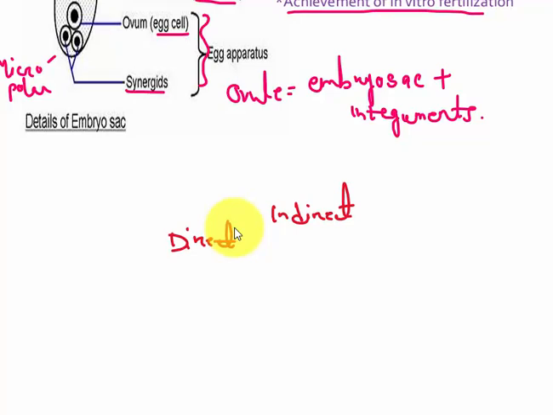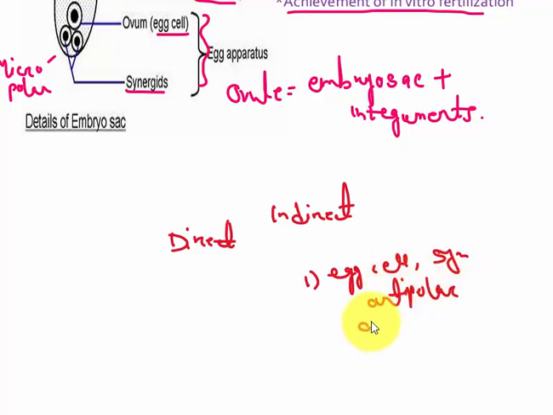Okay. So in the direct method, the egg cell, synergids and the antipodal cells get organized and cell divisions occur, leading to the formation of pro-embryos. Okay. So in the direct stage, first the egg cell, the synergids, the antipodal cells organize and they undergo cell division to produce pro-embryos.